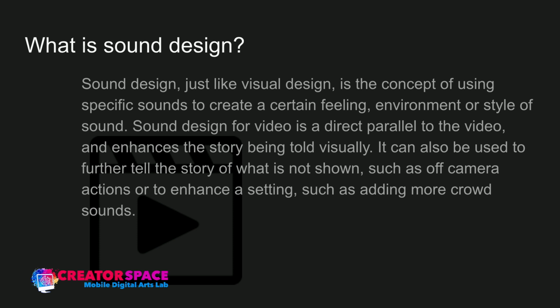It can also be used to further tell the story of what is not shown. This is the cool thing: you can have the sound of a helicopter, but maybe you don't actually see the helicopter. Those can be off-camera actions, off-camera lines of a character, and you can add more crowd sounds. We're getting used to that right now with sports, where you see virtual crowds and virtual sounds being added.